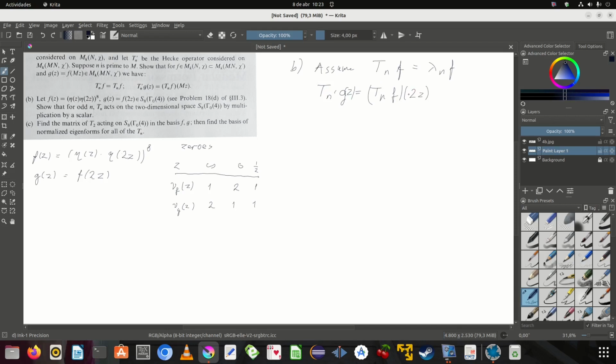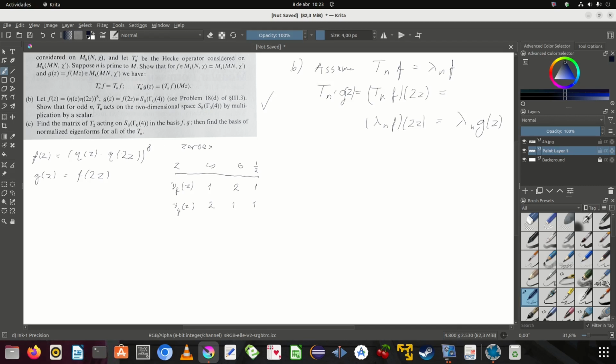Or I could write it composed with 2, but let's not do that today. And Tn of f, that was lambda n f, of 2z equals lambda n times f of 2z, which is g of z. So they have the same eigenvalues. Which is exactly what we should prove.